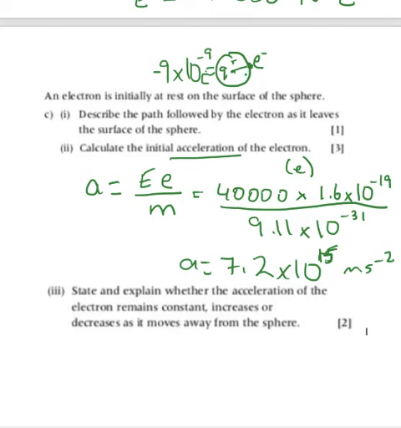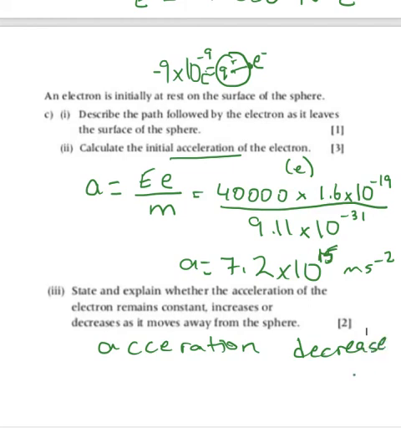Why do we emphasize it is the immediate initial acceleration? Because as it moves away, distance is going to increase, which means the field strength will decrease. Well, if field decreases, force decreases. If force decreases, acceleration decreases. So first I can say as it moves away, acceleration will decrease.